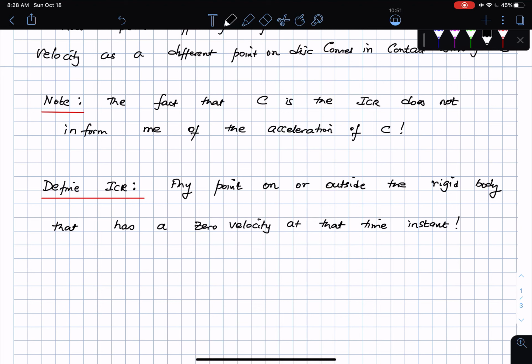Okay, once again, this does not inform me of the acceleration of the point or anything of that matter. Okay, so please keep that in mind.